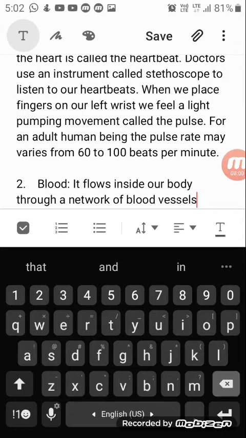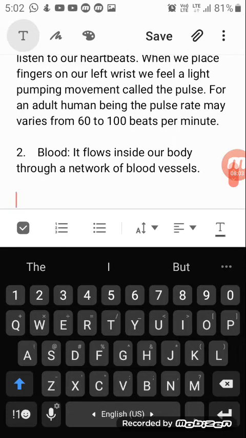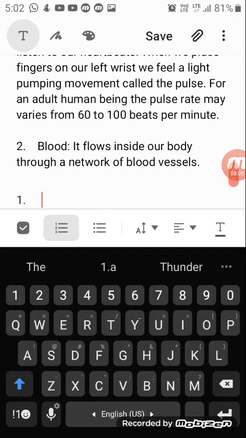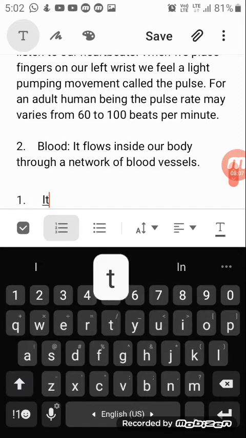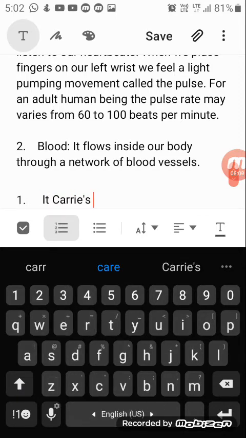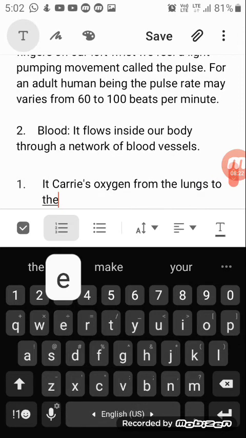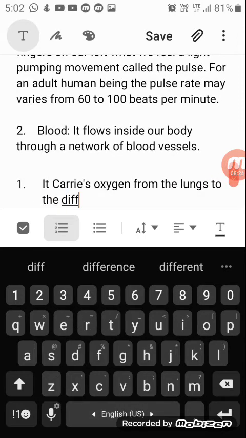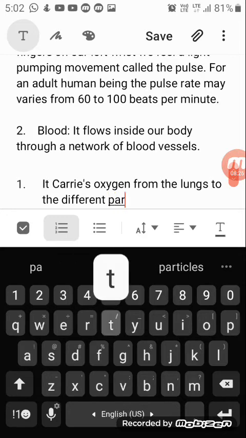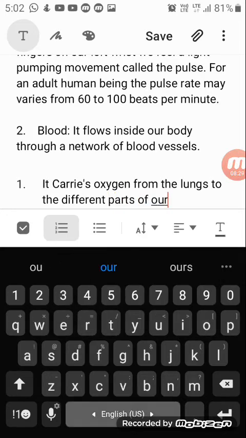Now I will tell about some functions of the blood vessels. Number 1. It carries oxygen from the lungs to the different parts of our body.